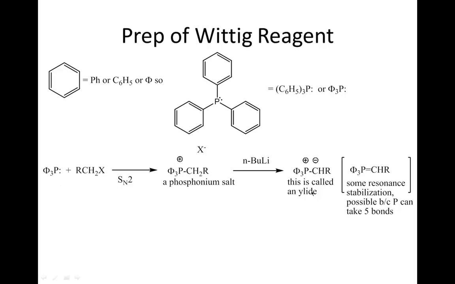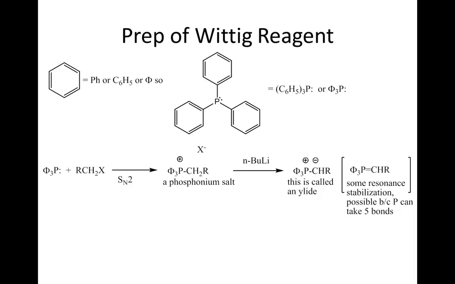And this guy's called an ylide. And this guy is usually colorful. So we went from white, colorless, and pale yellow to probably bright red, kind of a blood red.